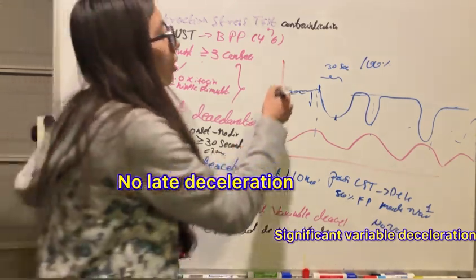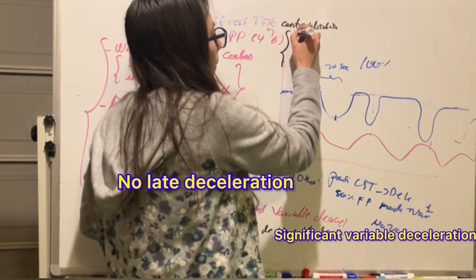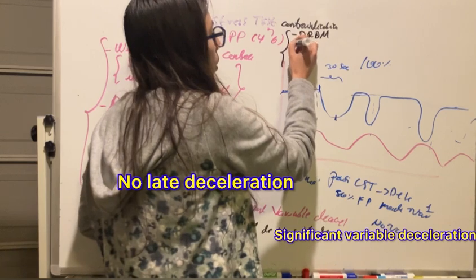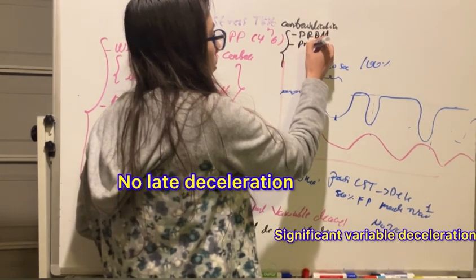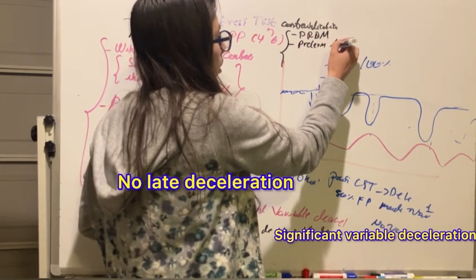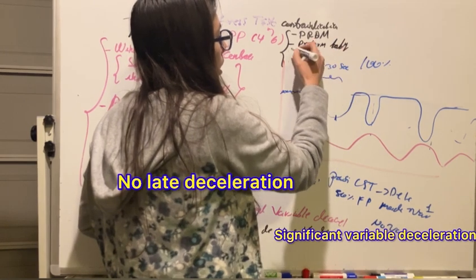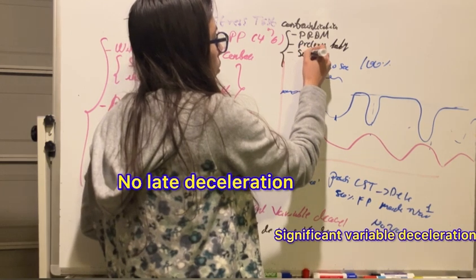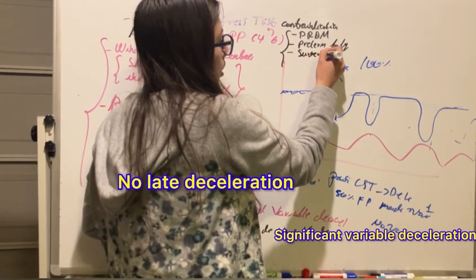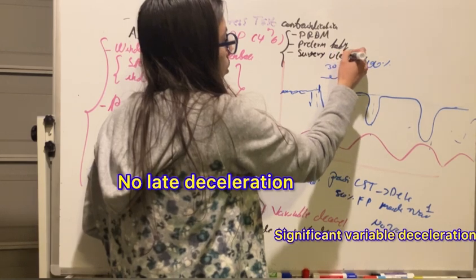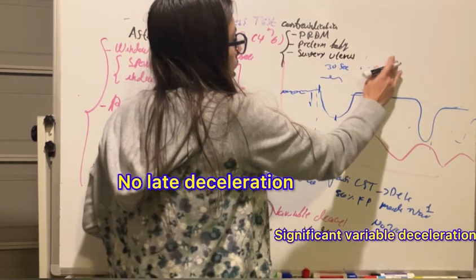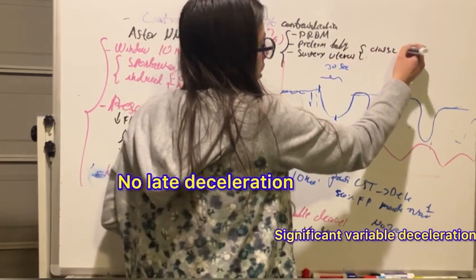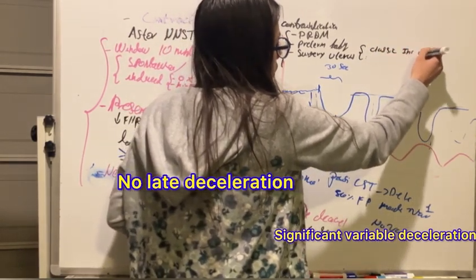For example, if we have premature rupture of membrane, or if we have a preterm baby, or surgeries to the uterus. For example, having a classic incision for C-section.